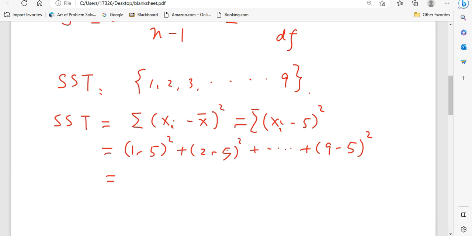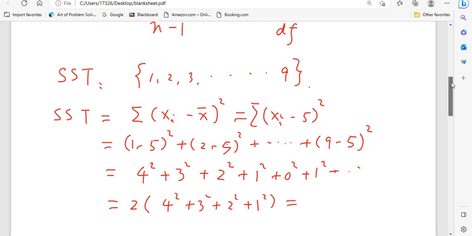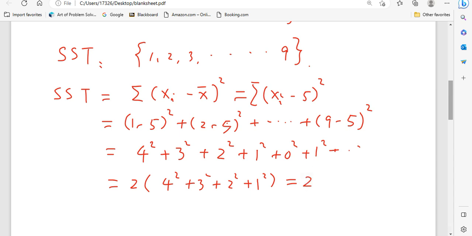So this equals 2 times (4 squared plus 3 squared plus 2 squared plus 1 squared), which is 16 plus 9 plus 4 plus 1, so this equals 60. So we say SST equals 60.